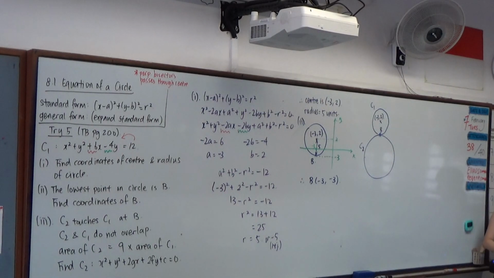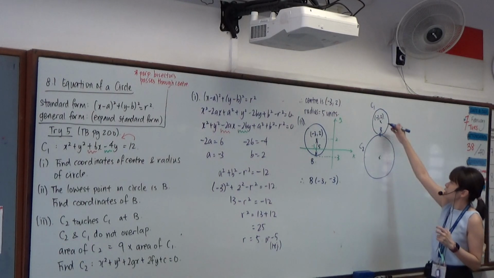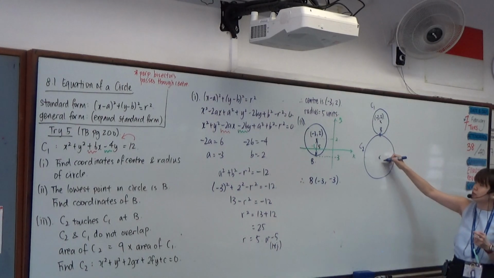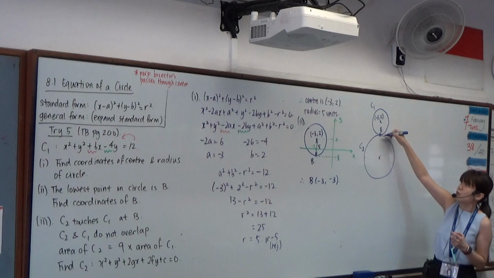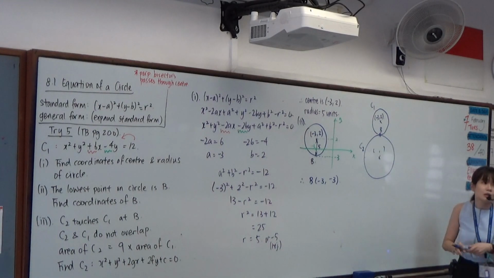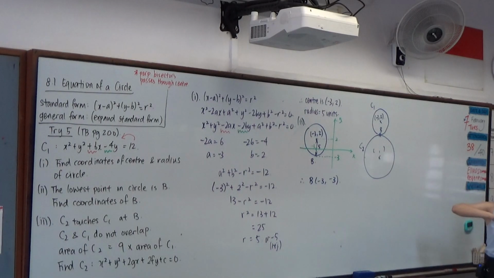For the two circles to touch at only one point without any overlap, it can only mean that the center of the bigger circle is aligned in the same straight line, vertically downwards from the center of C1 to B and then coming down here. So we have these coordinates that we need to go and find.